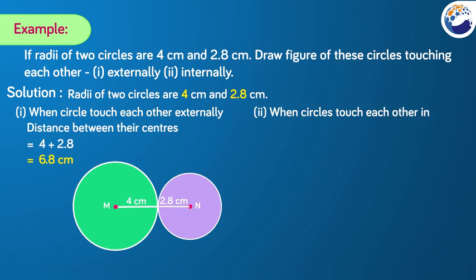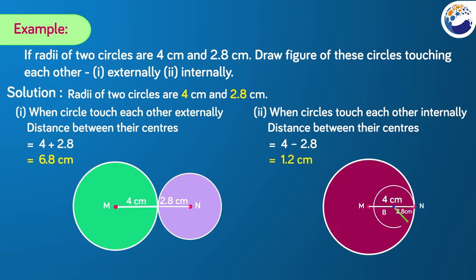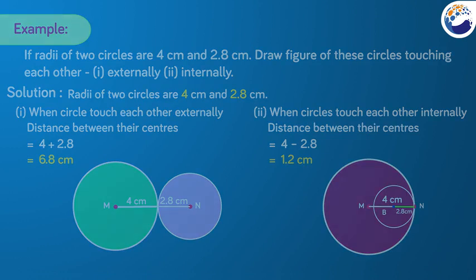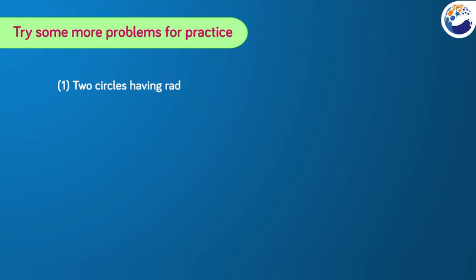When circles touch each other internally, distance is equal to 4 minus 2.8 is equal to 1.2 cm. Try some more problems for practice.